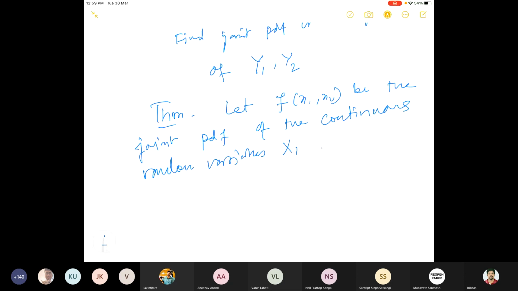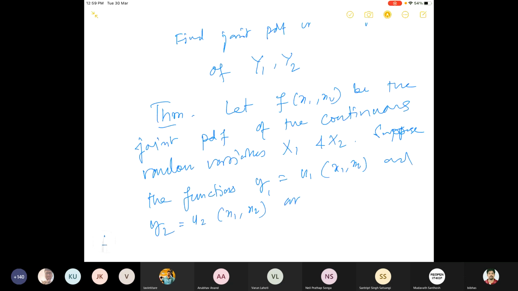Let's say x1 and x2, and suppose we have the functions y1, which is a function of x1, x2, and y2. In the single variable case, this was differentiable, but here the partial derivatives exist.